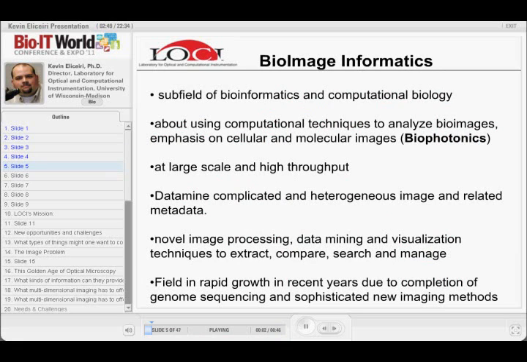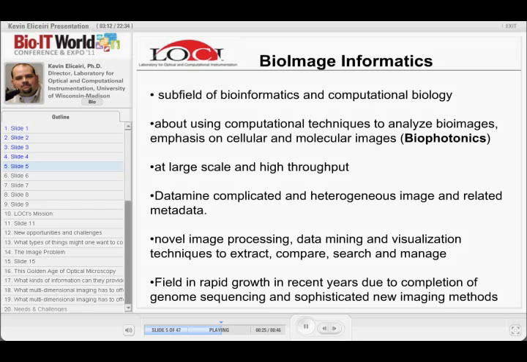So what exactly is bioimage informatics? Well, it's a subset of computational biology and bioinformatics. It's about trying to use computational techniques to get your data, analyze it, and figure out the core information that's there. It's trying to do it on a large scale and high throughput when necessary and when possible. And the big challenge and the opportunity is that it's dealing with heterogeneous imaging. It's also dealing with metadata.